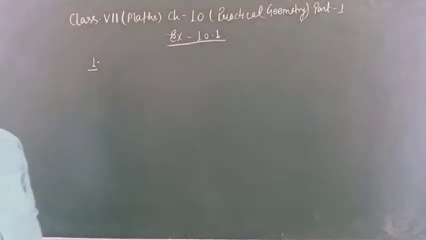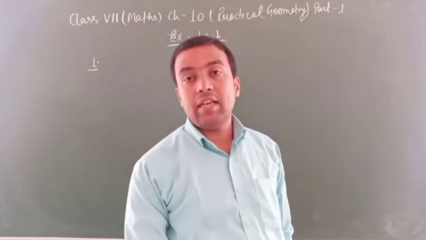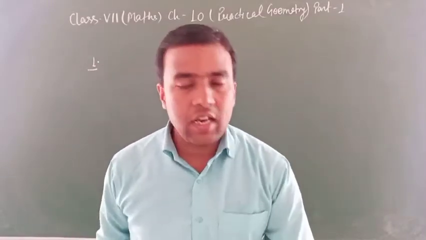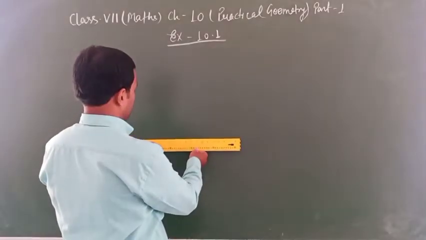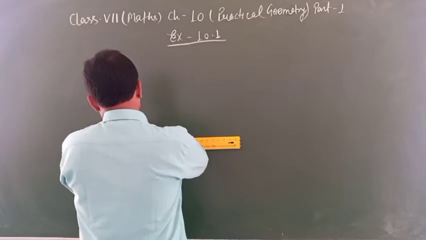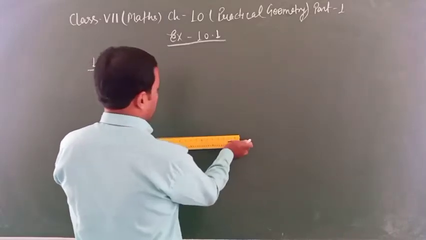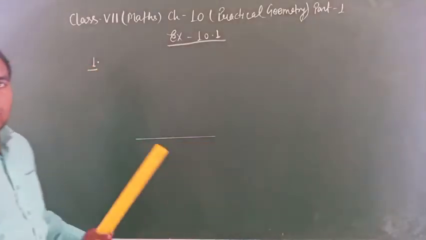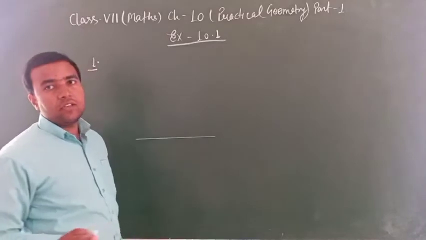In the first question, draw a line, say AB, means draw a line. Using a scale, we will make one line. If you use a scale, you can make a straight line.